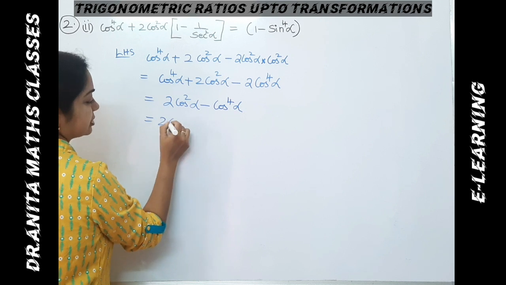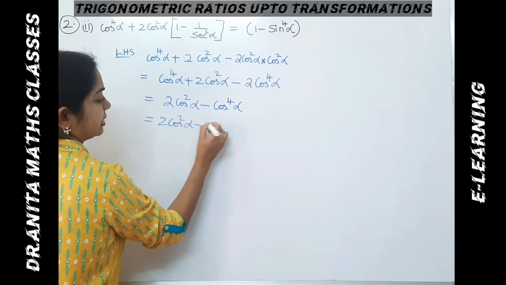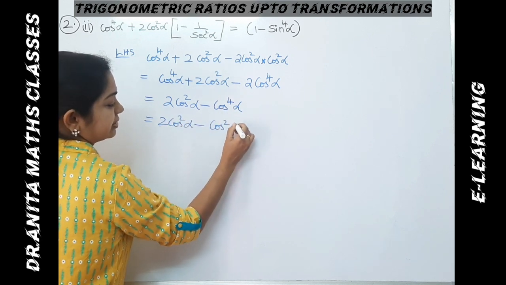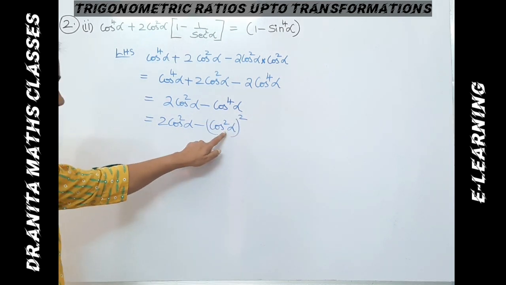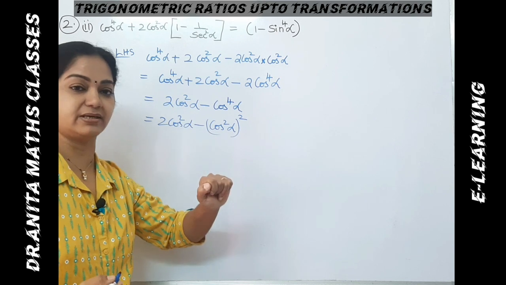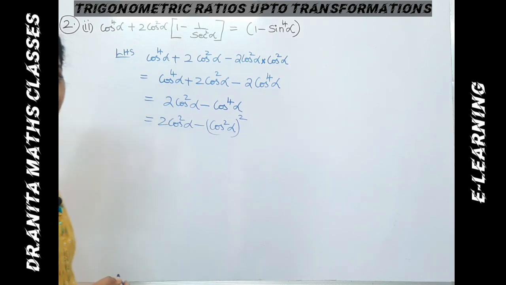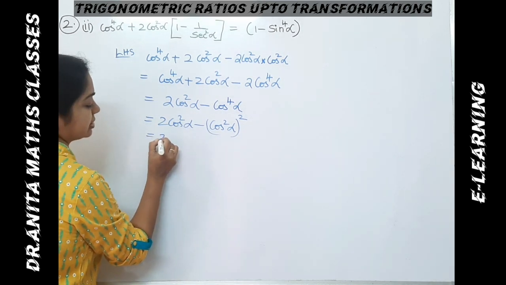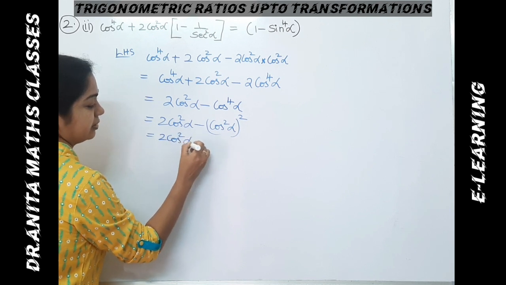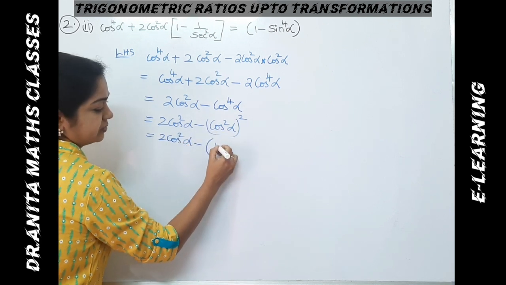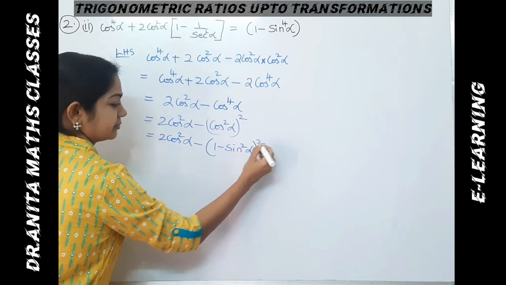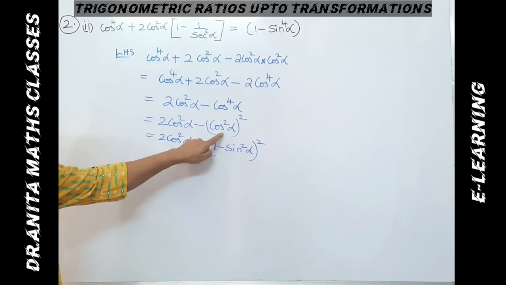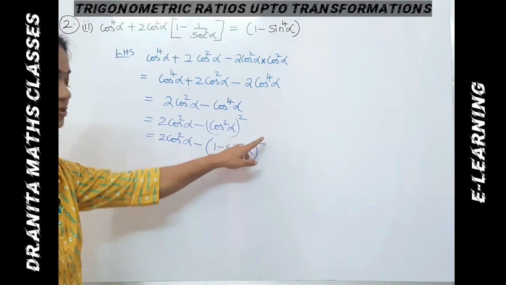We can write cos 4 alpha as (cos square) whole square. And from the first identity, cos square is nothing but 1 minus sine square alpha. So that is 2 cos square alpha, with cos square as 1 minus sine square alpha, again whole square.